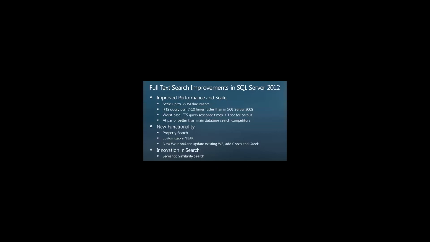We are also looking at making our full-text query performance about 7 to 10 times faster than what we had in SQL Server 2005 and 2008, with a test corpus for which we wanted to make sure the worst-case query response time was less than 3 seconds. And of course, we are always comparing ourselves against some of our database search competitors. Besides improving performance and scale, we also added new functionality, which I'm not going to go into in more detail during this presentation.